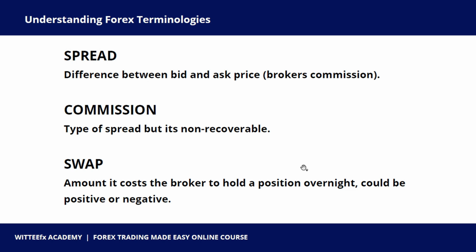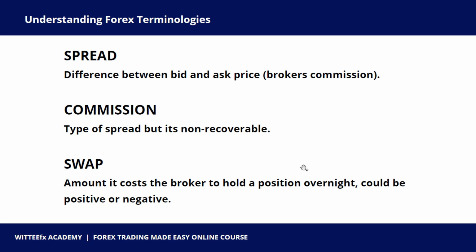However, in the case of commission, the broker charges you that particular amount of commission immediately you place your trade, but the broker does not require the market to first go in your favor to recover the commission charged. So that's the basic difference. Spread is recoverable.